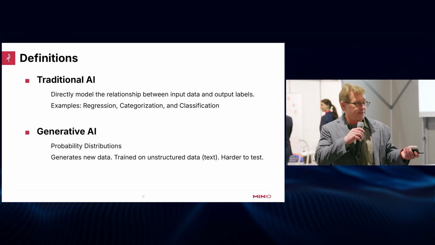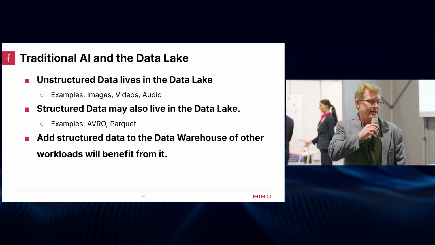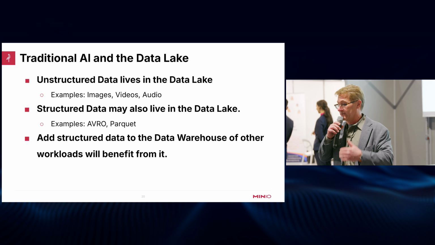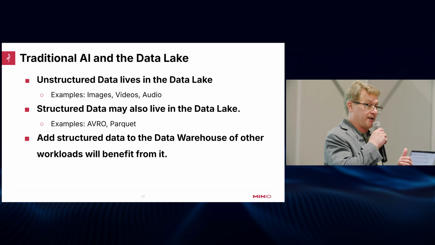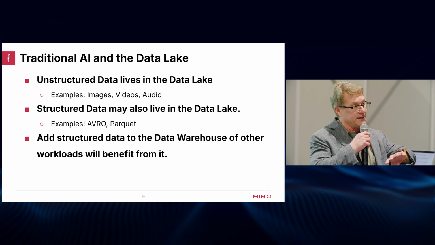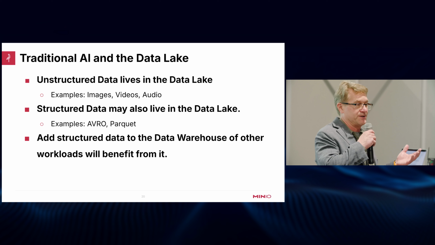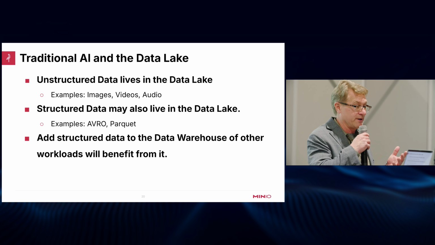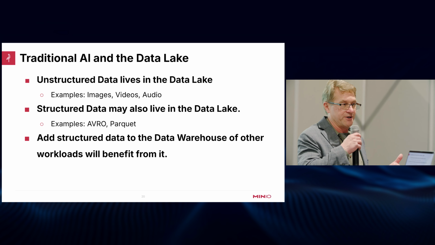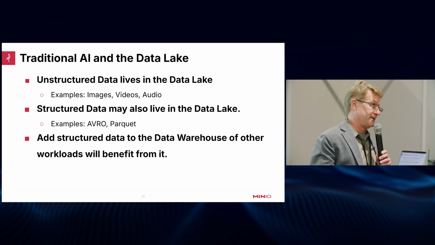So to start off with, let's talk traditional AI. With traditional AI, chances are you're dealing with a little bit of structured and unstructured data. So obviously, your unstructured data will go into the data lake side of your data lakehouse. This might be things like images, audio files, etc. And that's where you'll point your training clusters to use the data lake.